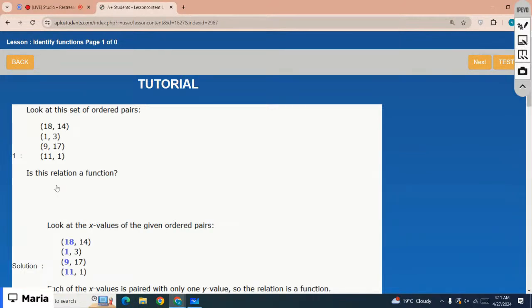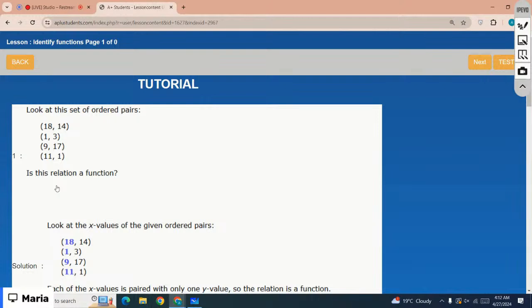Look at this set of ordered pairs. Is this a relation? Which is the correct option? Okay, so you have to see if this is a relation.